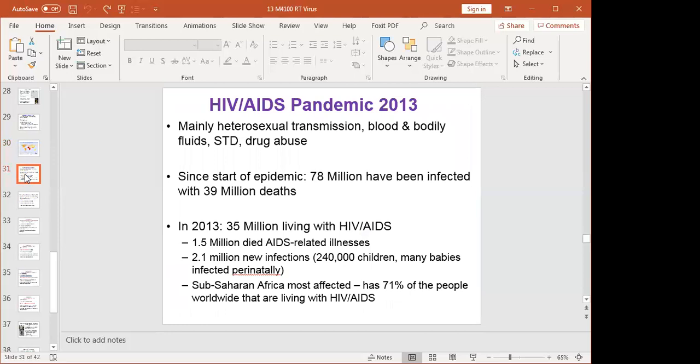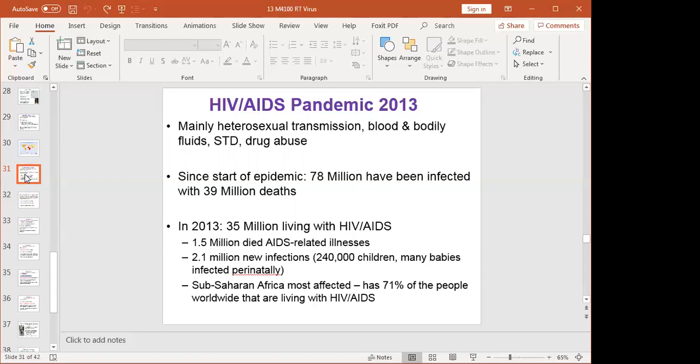In 2013, there was a pandemic of HIV or AIDS, mainly heterosexual transmission by blood, bodily fluids, sexually transmitted diseases, and drug abuse. Since the start of the epidemic, 78 million individuals have been infected, and almost half of these, 39 million, have died.